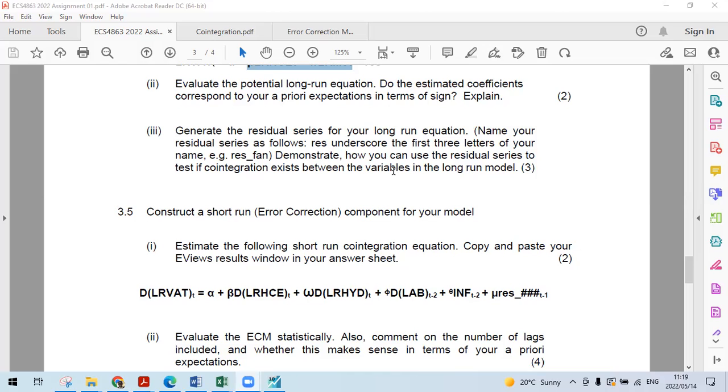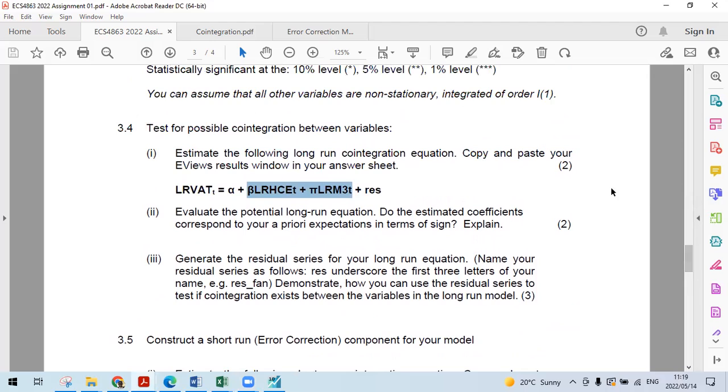Okay, so here I want to explain something before we do this. Please listen well. What are we trying to do here? We are trying to test for possible co-integration between variables.